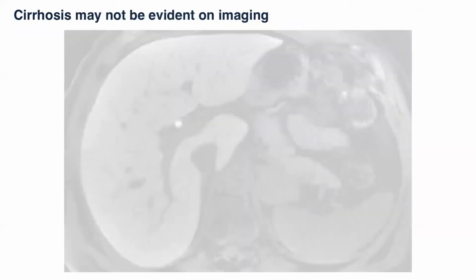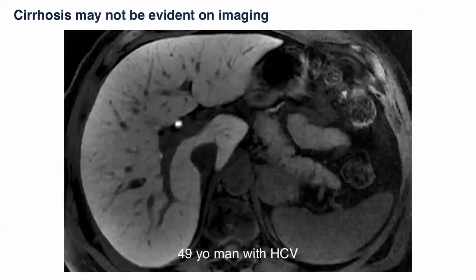But I don't want anyone to think that we can always tell when the liver is cirrhotic on imaging, because although on that previous example we can, sometimes we'll see a liver that looks like this on imaging. This is a 49-year-old man with hepatitis C, and we might wonder whether this liver looks a little too heterogeneous, a little too reticulated, but this could be a normal liver.